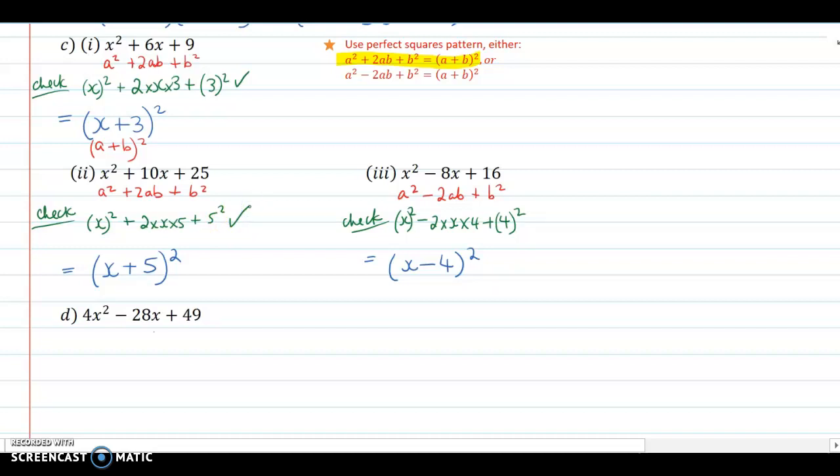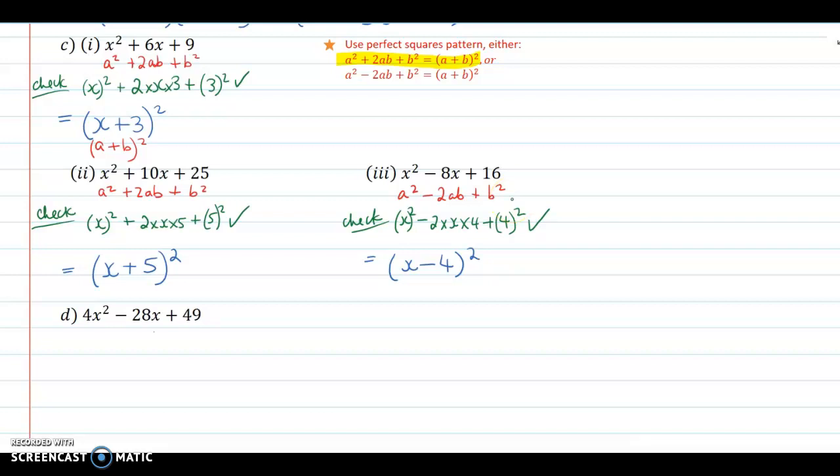The first term was squared, the last term was a square number, and the middle term was made up of 2 times the first term times the last term. And then same with the negative version of the perfect squares pattern being applied to part 3. That check shows that it's x squared minus 2 times x times 4 plus 4 squared, to check that it's a perfect square before you apply the pattern.